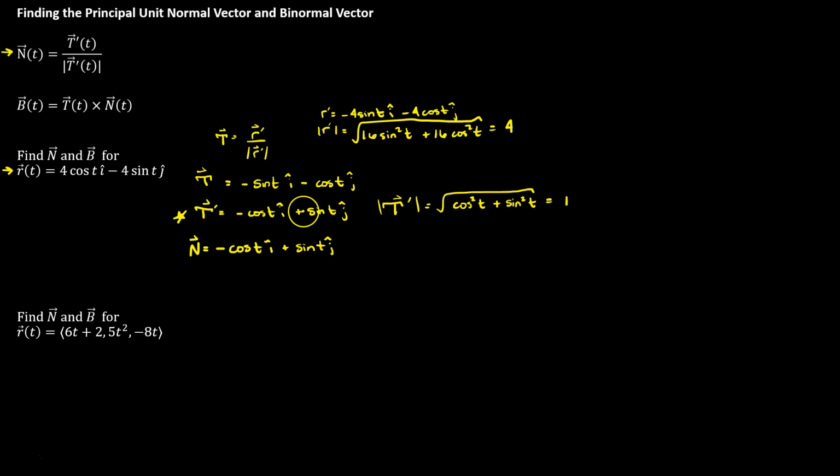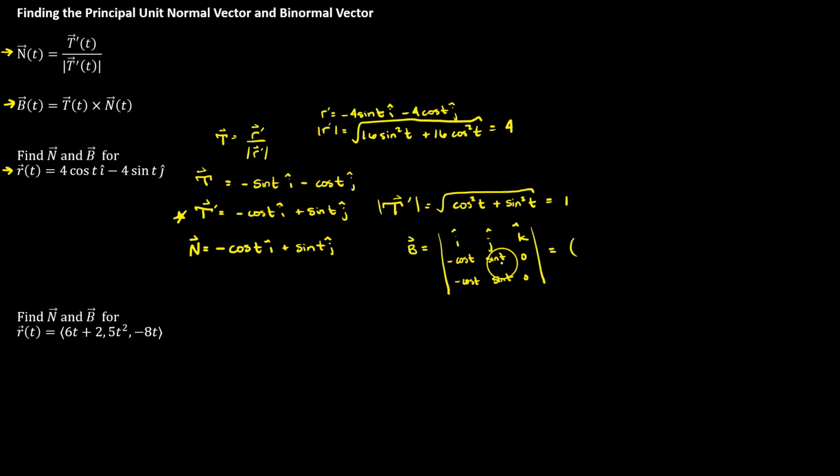Now we can find the binormal vector, which takes the cross product of T with N. Our 3 by 3 determinant matrix to calculate this. We can plug in our components for the tangent vector, which would be negative cosine t, positive sine t, 0, and then the unit normal, negative cosine t, sine t, 0, and then we take our cross product.